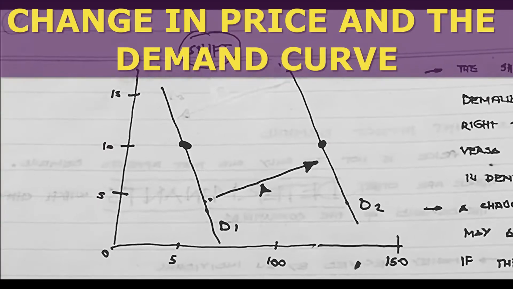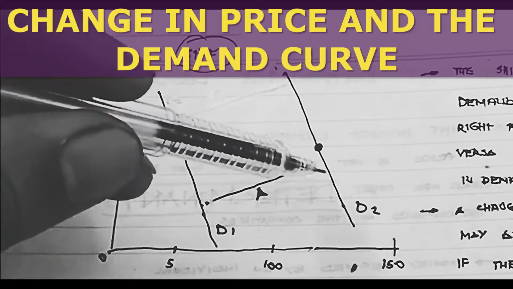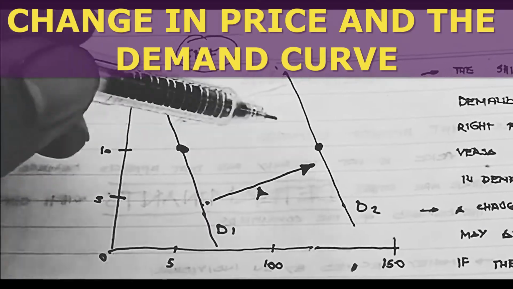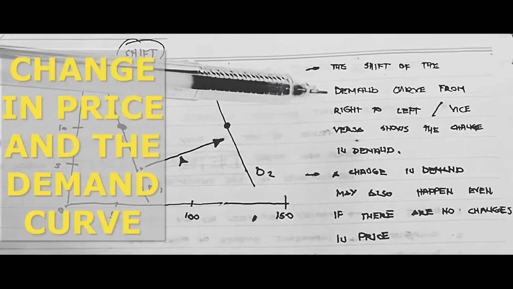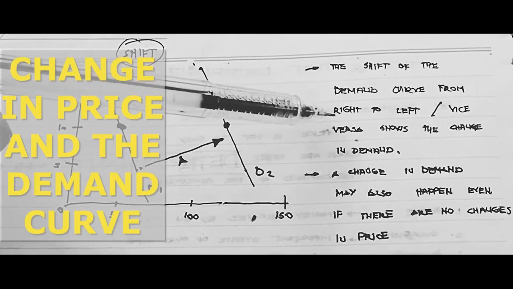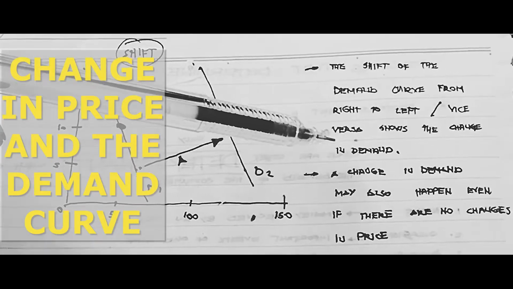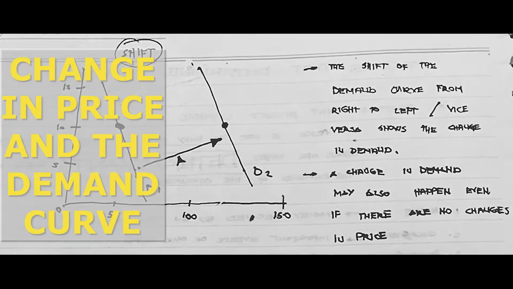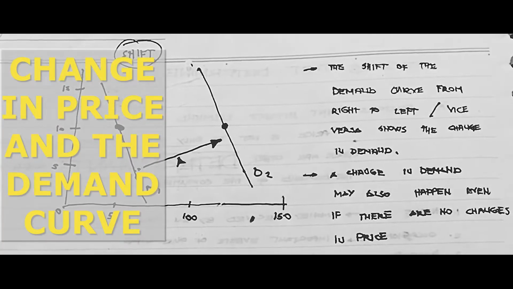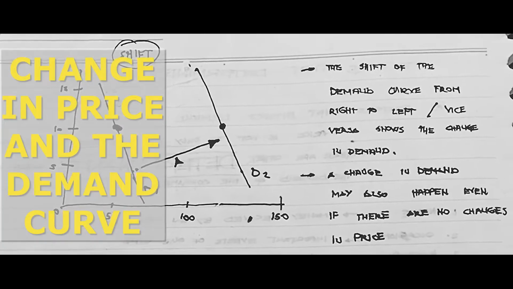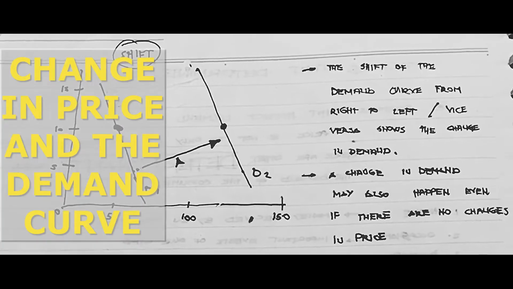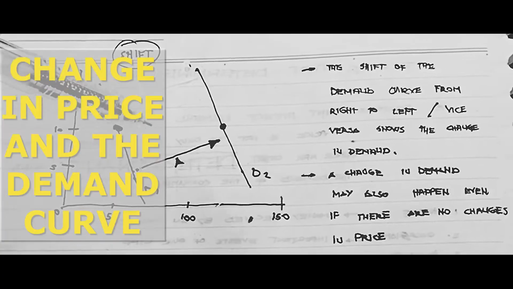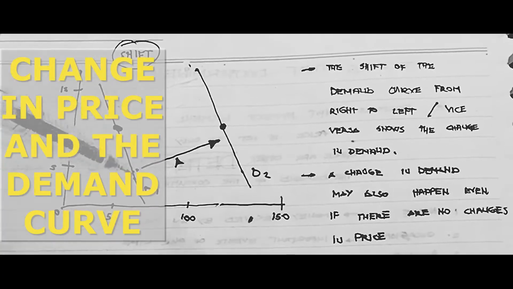Okay, so it will shift to the right, or it will shift to the left. So the shift of the demand curve from right to left or vice versa shows the change in demand. So if it's only price, it is only a change in quantity demanded. But if it's a determinant, there will be a shift of the demand curve.